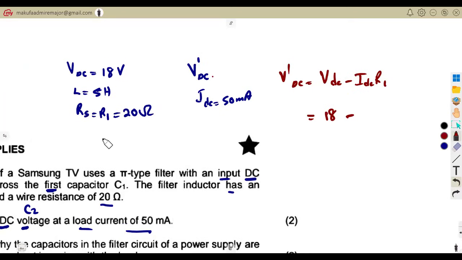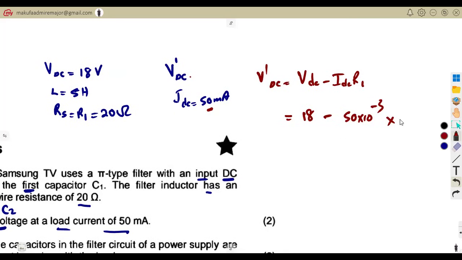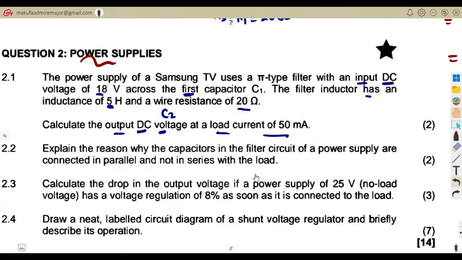As you can see, our IDC is also there, which is 50 milliamps, times 10 to the exponent of -3, times our R1, which is the same as our RS, and that is 20. So that was going to give us our VDC, the one that we need, and that gives us 17 volts.